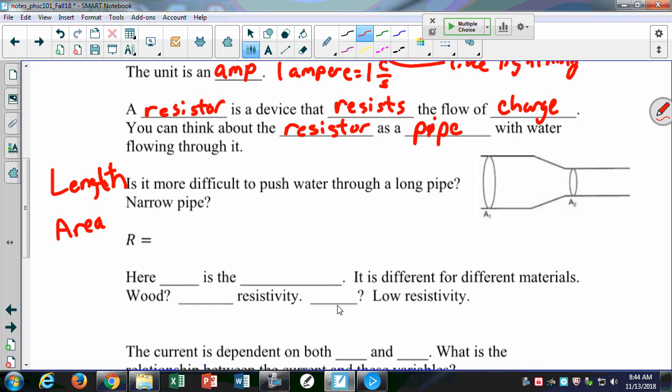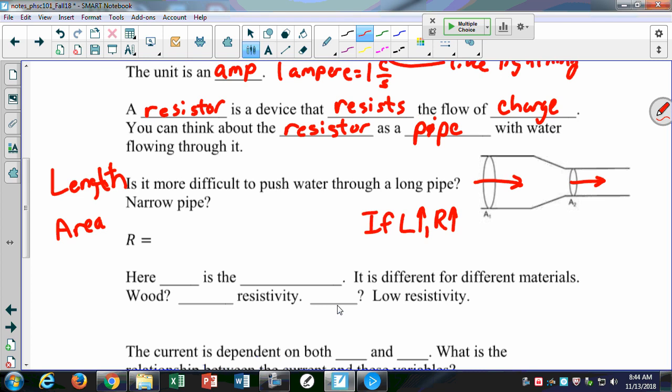Is it more difficult to push water through a long pipe or a short pipe? Long pipe, right. So if L goes up, that means that the resistance goes up. Is it more difficult to push water through a narrow pipe or through a wide pipe? Like, for example, here, is it more difficult to push water through this part of the pipe or through this part of the pipe?